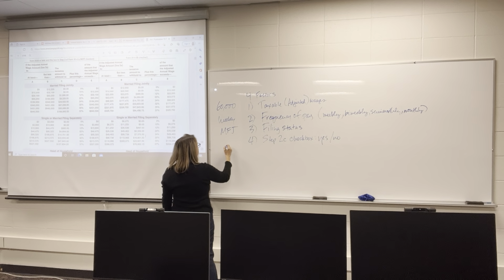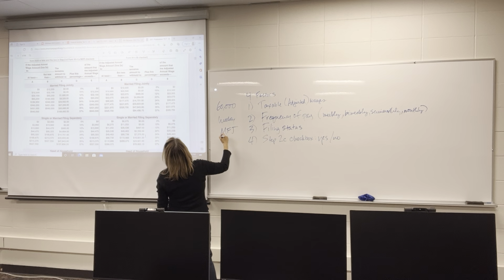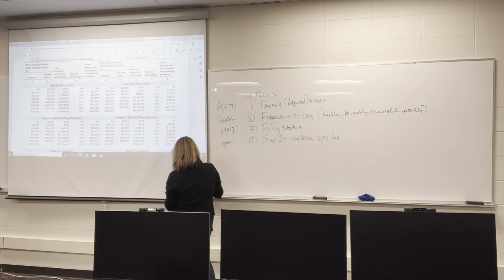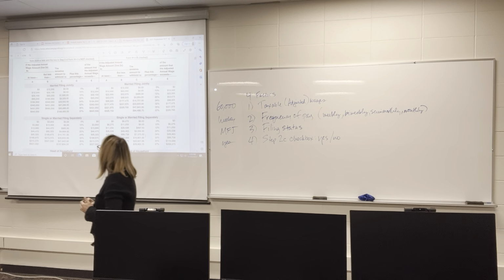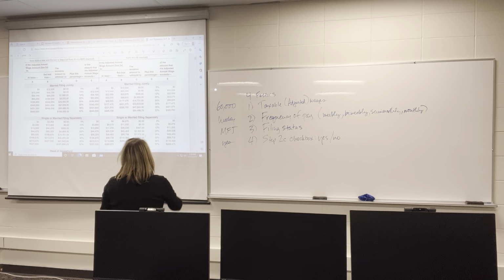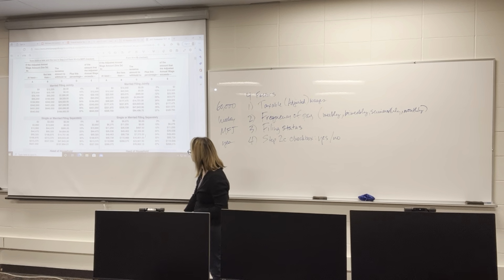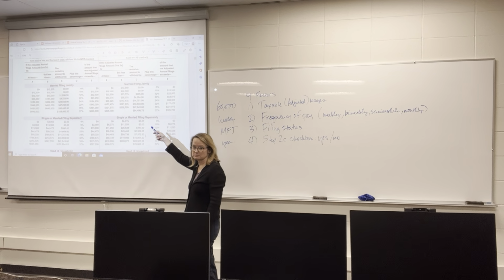And the checkbox is, well, yes. All right. So we can use this table to figure out, and it continues on with the different filing statuses. So we have to find the right table to use.